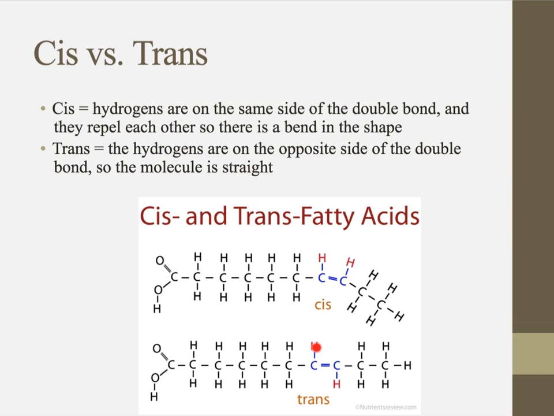That means this one and this one repel each other with equal strength as this one and this one. So if those repelling forces are the same, it's going to straighten out my chain. Cis, on the other hand, has the hydrogen atoms on the same side. This is naturally occurring. So what's happening is that these molecules are repelling each other and there are no hydrogens down here to stop that. So it bends the chain. And that's how we get the names cis and trans.